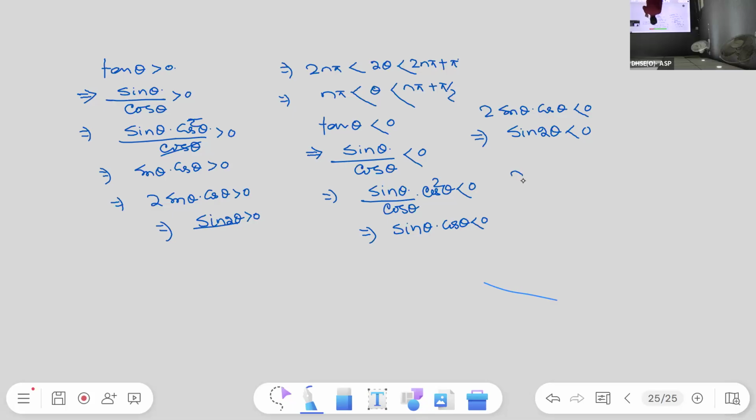So 2n pi minus pi less than 2 theta less than 2n pi. Quickly note it down.